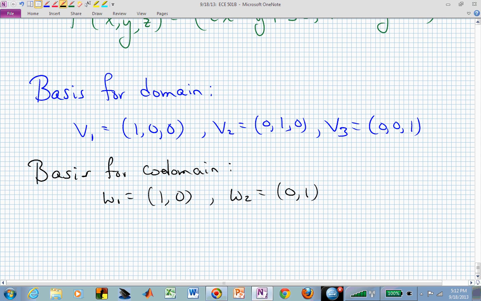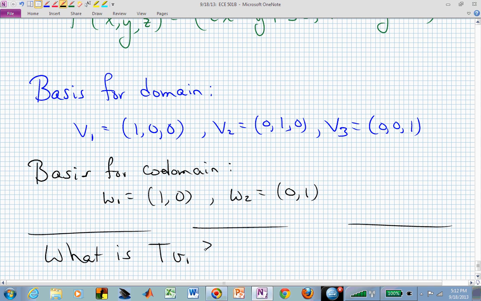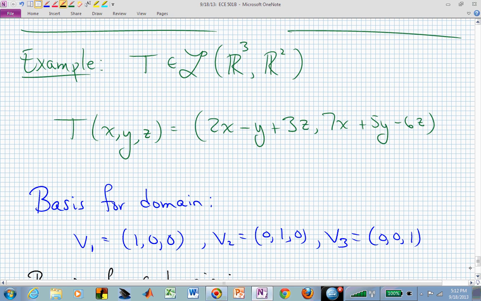Now, let's see what happens. What is TV1? Is it clear what I'm asking you to do? I just need you to go up here to T and plug in V sub 1 for x, y, and z.